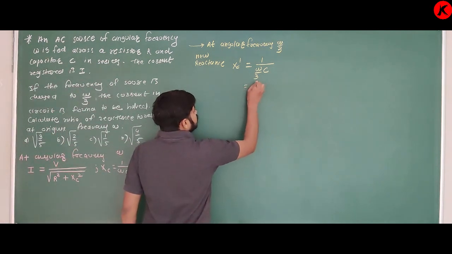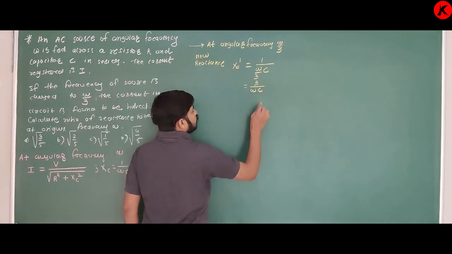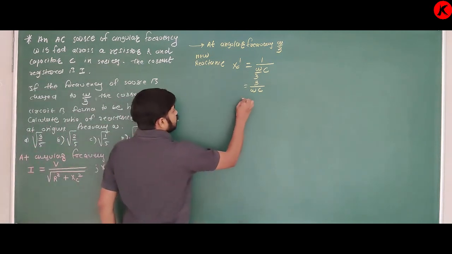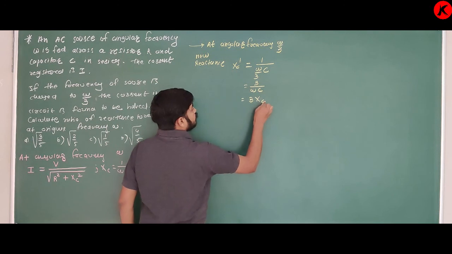So I can write it is 3 upon omega C. But we know that 1 upon omega C is XC. So it is 3 XC.